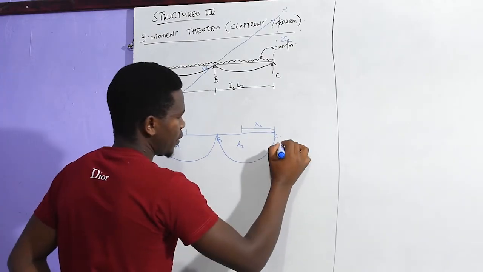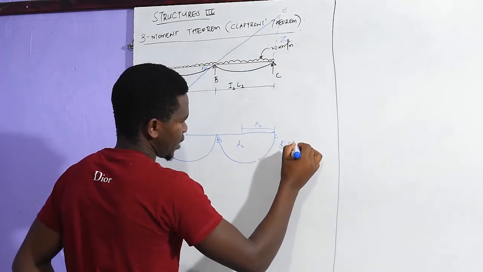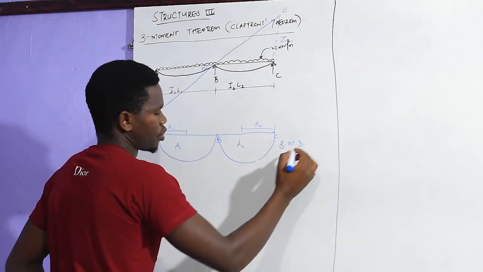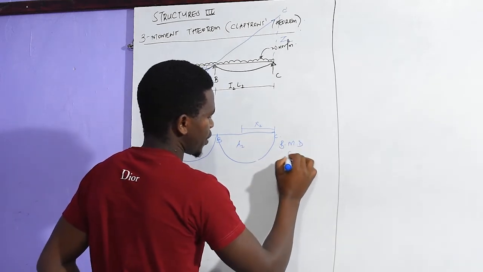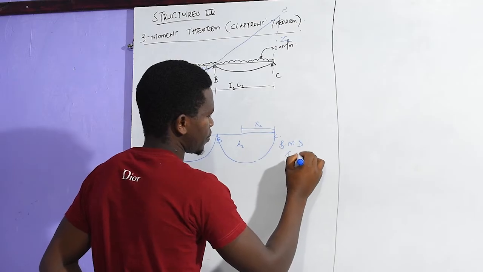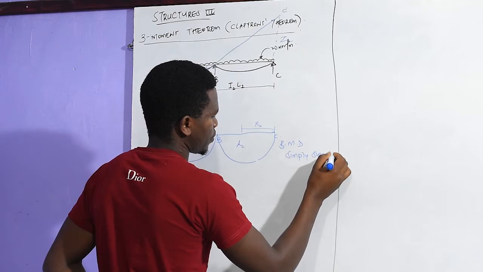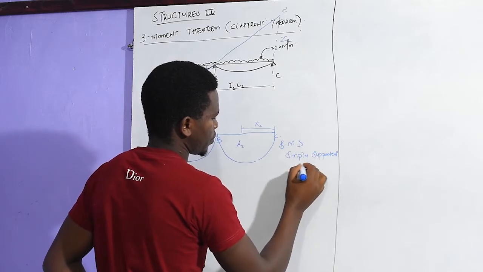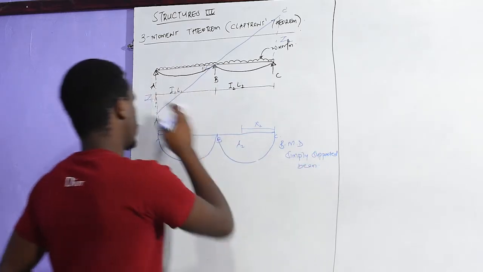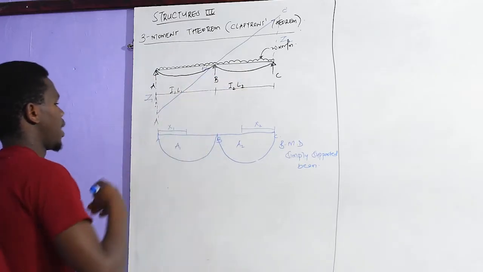This is the bending moment diagram of a simply supported beam, that is, a continuous beam with simple supports at the ends.